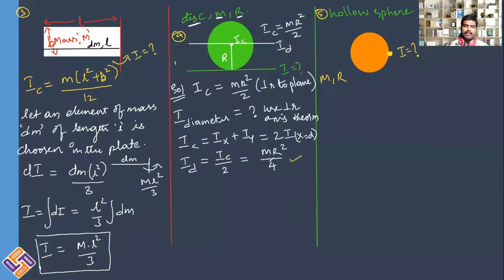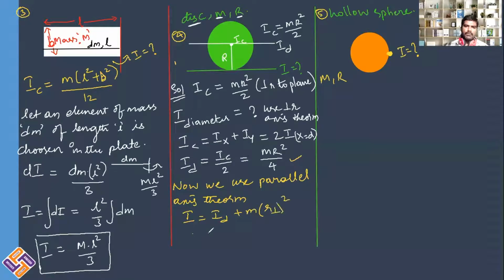Once calculating this mr square divided by 4, you need to now find out moment of inertia with respect to this. So now we use parallel axis theorem. I is equal to ID plus mass of the substance into R perpendicular whole square.